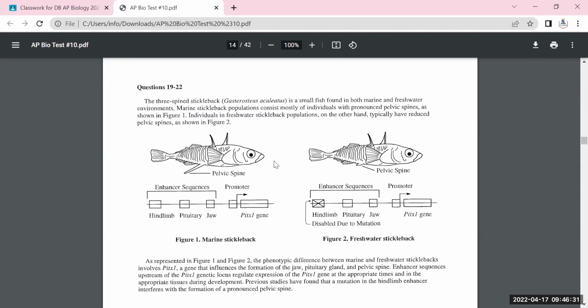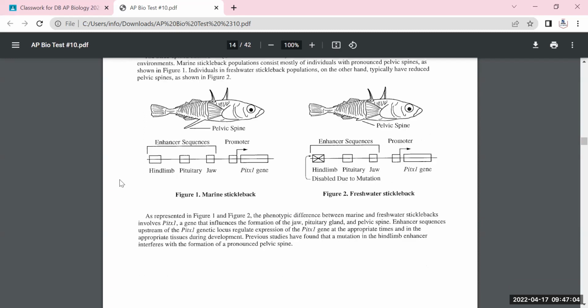Okay. The three spines stickleback is a small fish found in both marine and freshwater environments. Marine stickleback populations consist mostly of individuals with pronounced pelvic spines, as shown in Figure 1. Individuals in freshwater stickleback populations, on the other hand, typically have reduced pelvic spines, as shown in Figure 2. So the pelvic spine that you see, marine stickleback versus freshwater stickleback, as represented in Figure 1 and Figure 2.